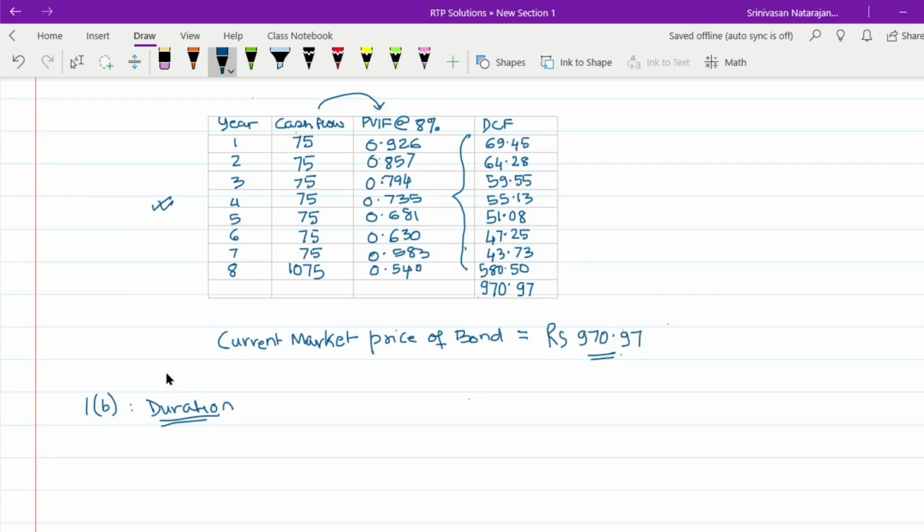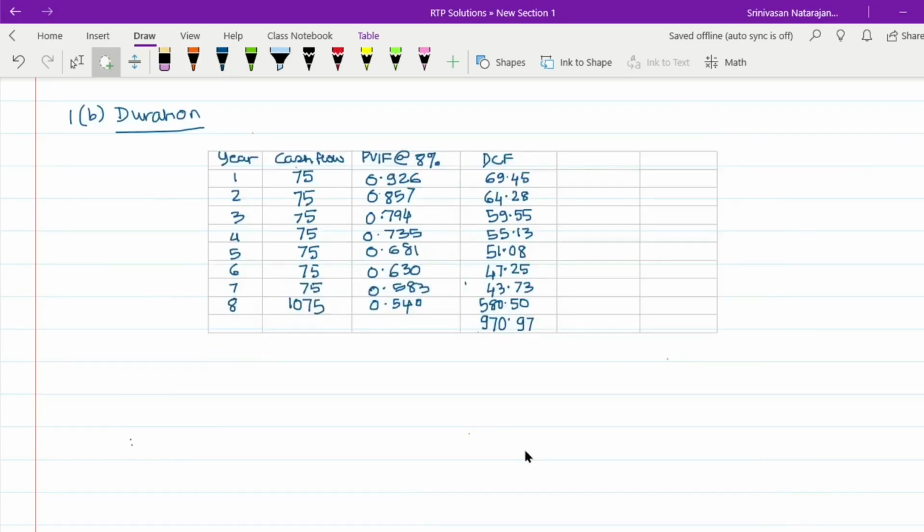So for calculating duration, we use the same table, but we now introduce two more columns where we'll be calculating what is called proportion, and here we'll be calculating what is called time weighted proportion.